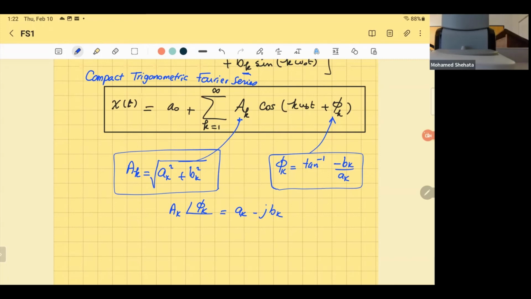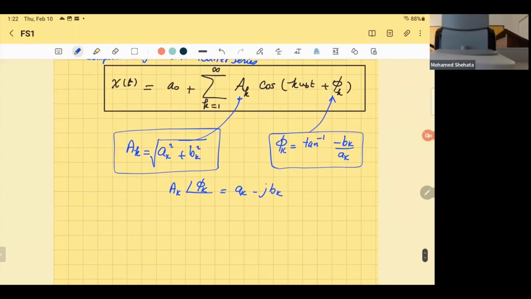Then you can calculate, or you can use, as I said before, atan2, to avoid this.